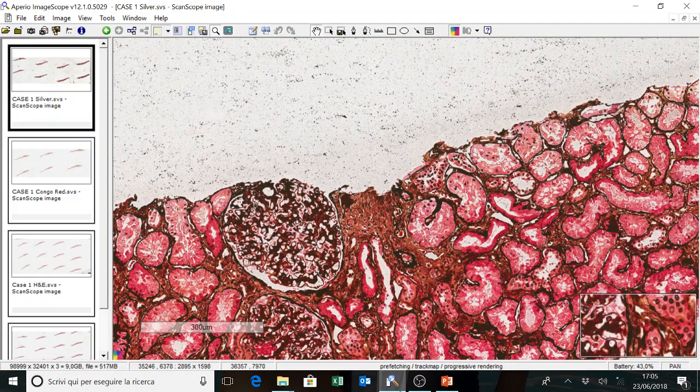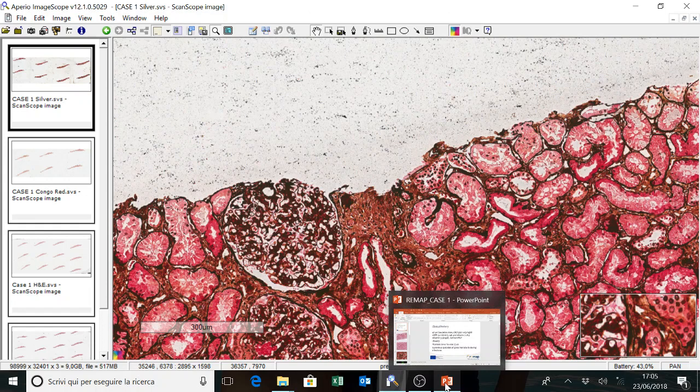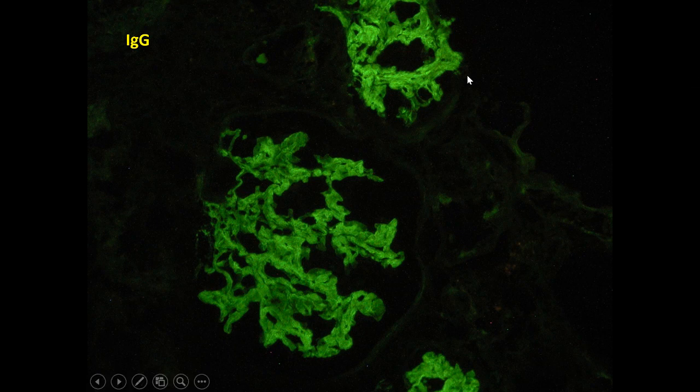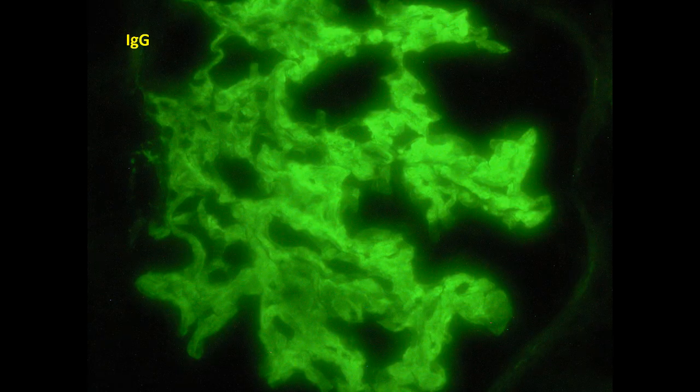So let's take a look at what the immunofluorescence in this case shows. This is the IgG, which is positive. We have at least 3 glomeruli here, and I think that we have a higher magnification here, and the pattern of this staining is quite peculiar.